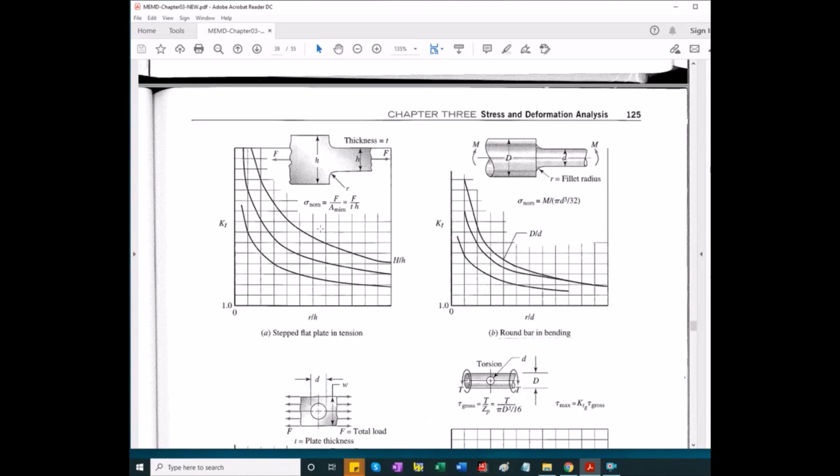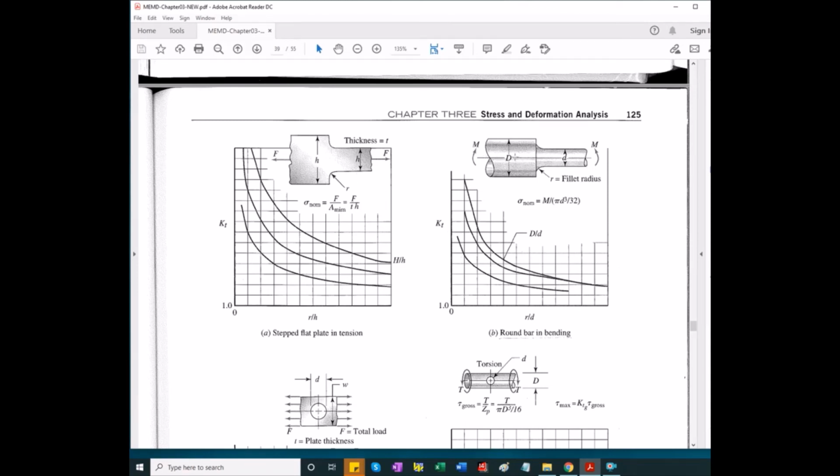Here are some excerpts of what's available at the back of the book. This would be for direct tension, a plate of thickness t, with a change in width, the way it's shown. It looks like there's a typo here, so this will be capital H, and this is lowercase h.